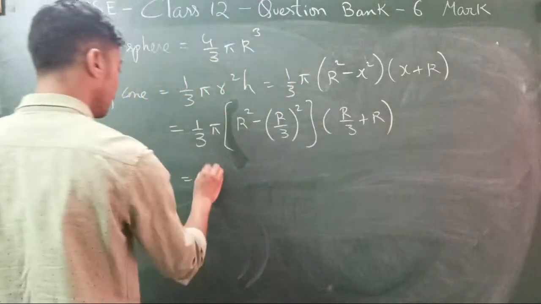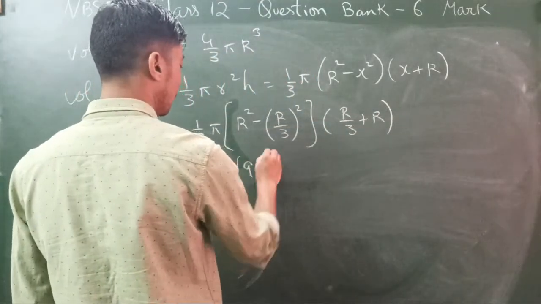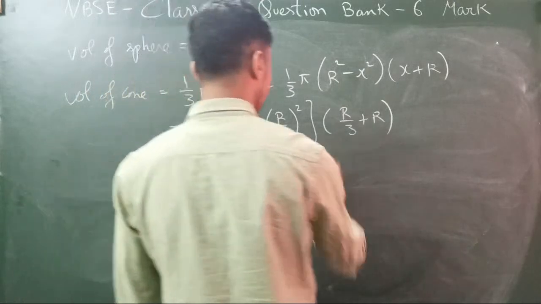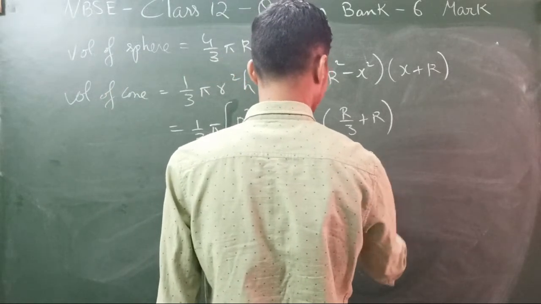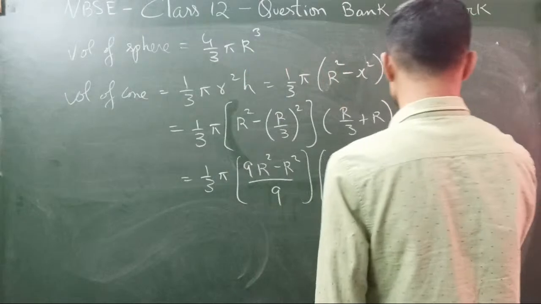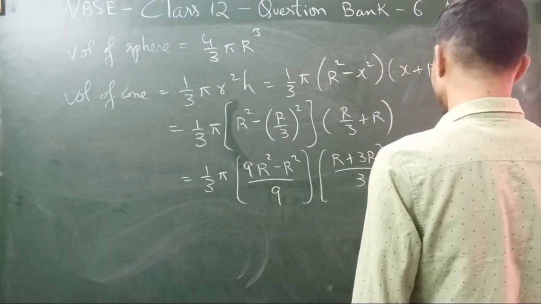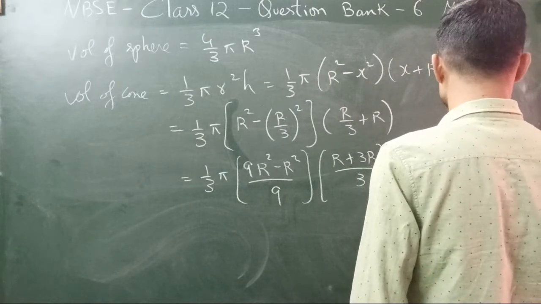Let's quickly solve this and prove. 1 by 3 pi, 9r square minus r square by 9. I'm just doing it directly. Class 12, I guess you can do these calculations. So that's 1 by 3 pi, 8r square by 9 into 4r by 3.